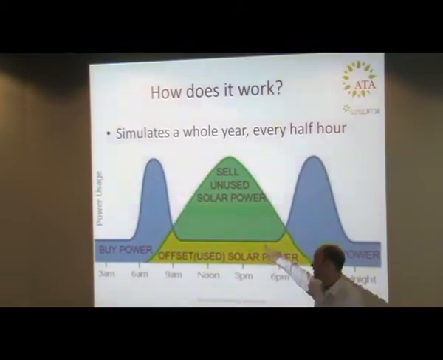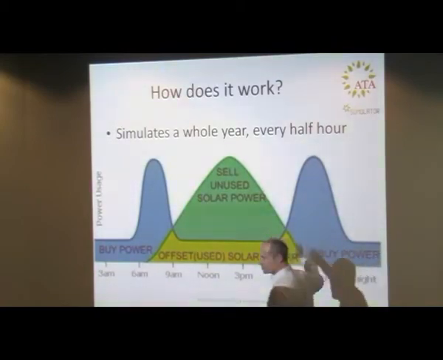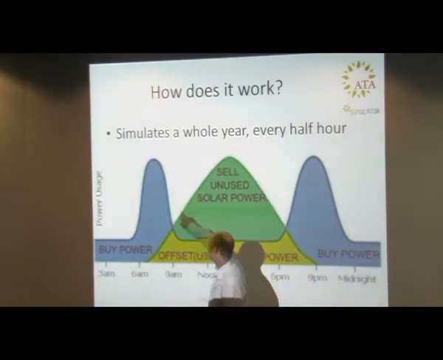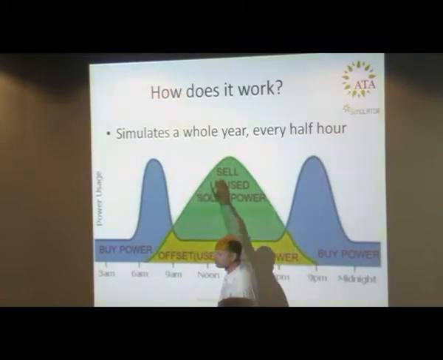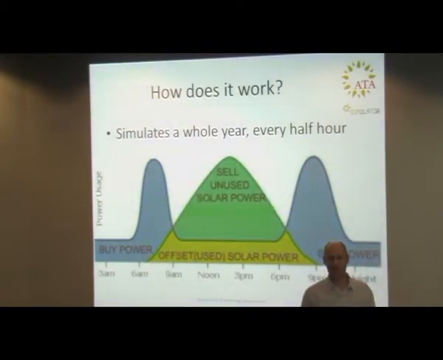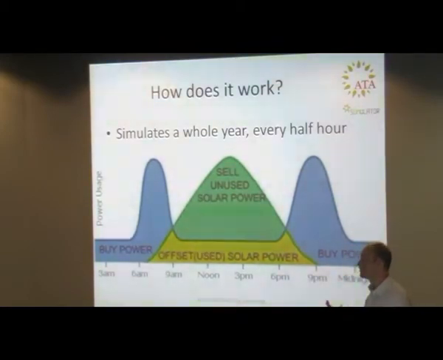So it takes that tariff and says, okay, we're importing 1 kilowatt hour at 22 cents, so for that half-hour interval we're incurring 22 cents, and it works through the whole year that way. When it comes to here, it says, okay, we're exporting 3 kilowatt hours. So what's the feed-in tariff, which you have to tell it as well. If your feed-in tariff's 8 cents, then 3 kilowatt hours at 8 cents per kilowatt hour, you've earned 24 cents, and it works that all the way through.